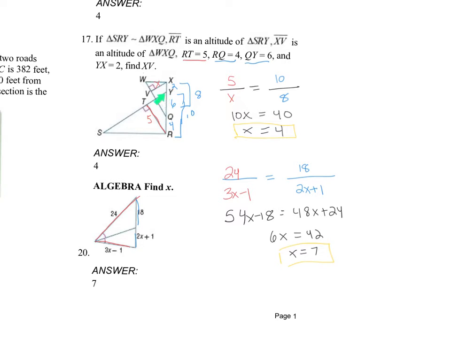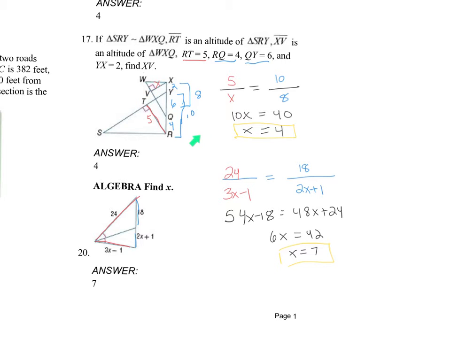And then what I've done is that if that is 4 and this is 6, then this whole thing here must be 10. And then up here, we could see that YX is 2. And so then I took, if this is 2 and this is 6, then from here to here must be 8. And then, of course, this is what we're looking for, the XV.